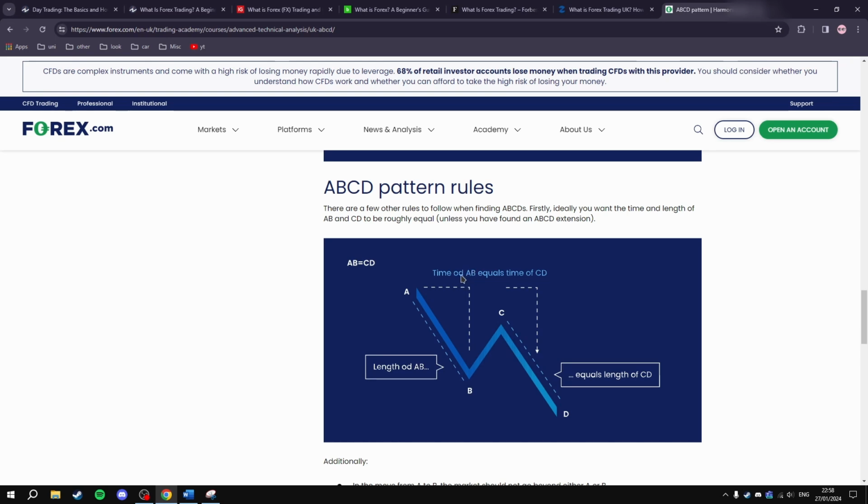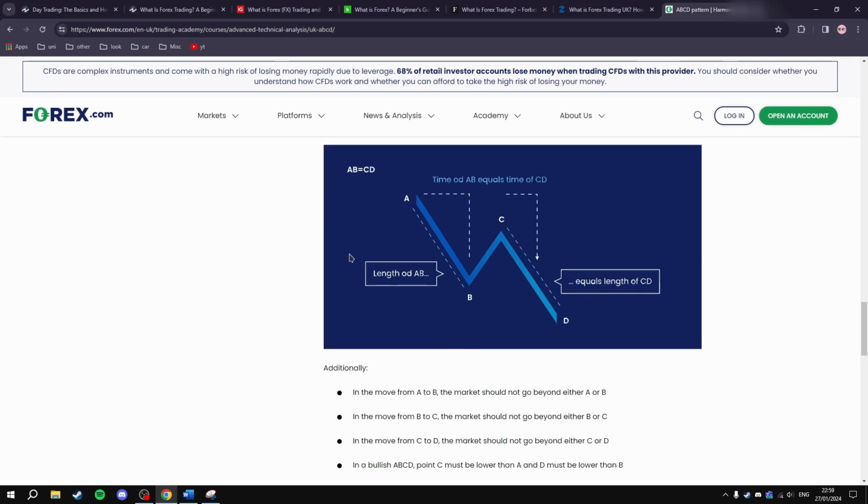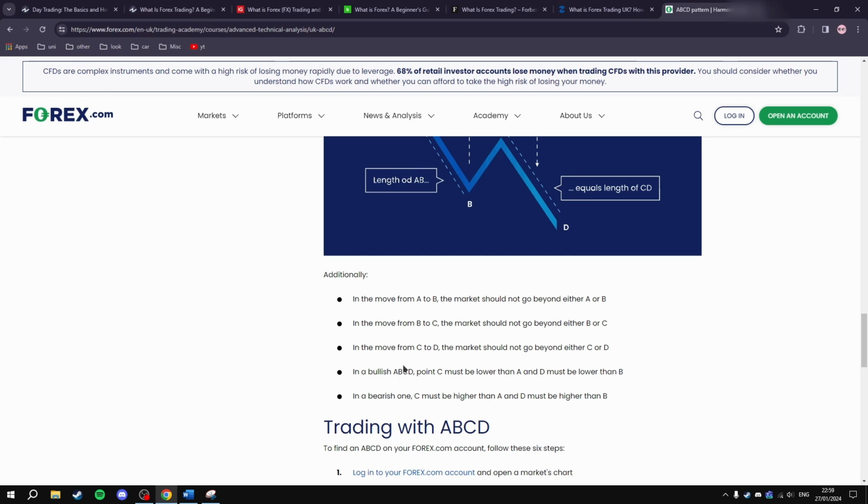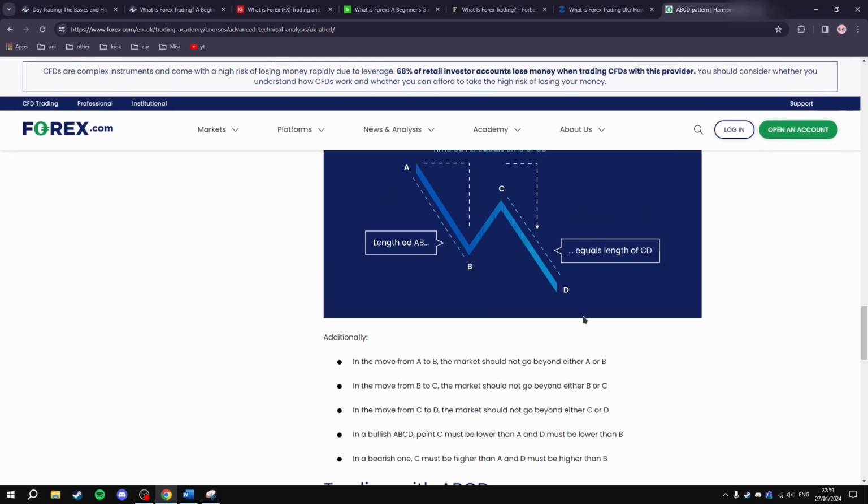That should be F, shouldn't it? Not a D. In the move from C to D, the market should not go beyond either C or D. So it shouldn't exceed that point.